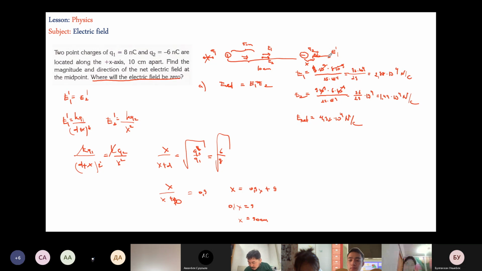Electric force equals E times Q. The values are the same, but the direction is different.